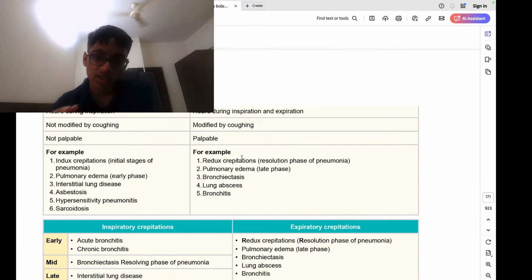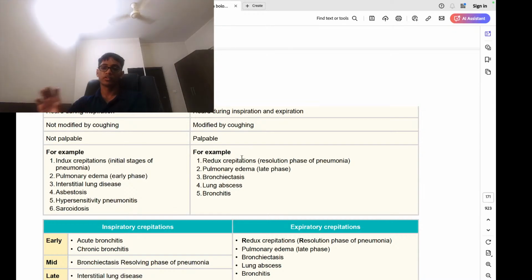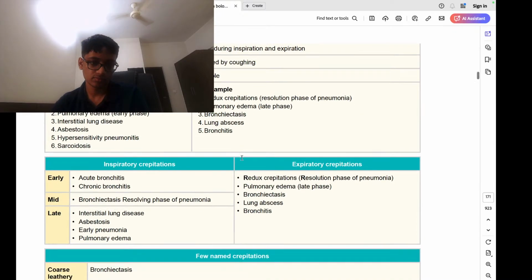Then post-tussive crepitation, usually in the resolution phase of pneumonia. Fine crepitation is during the initial phase, coarse crepitation during resolution. Pulmonary edema in the late phase has coarse crepitations; in the early phase, it is fine crepitations. Then bronchiectasis, lung abscess, and bronchitis are examples.